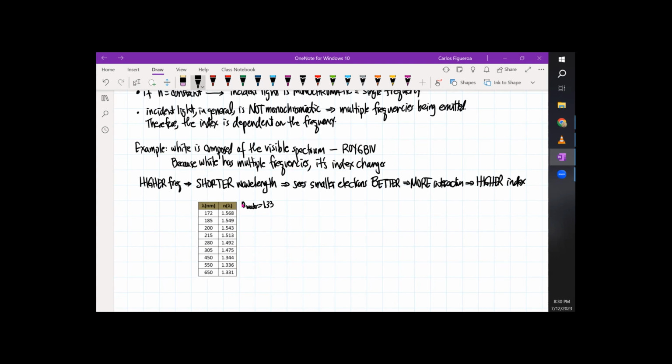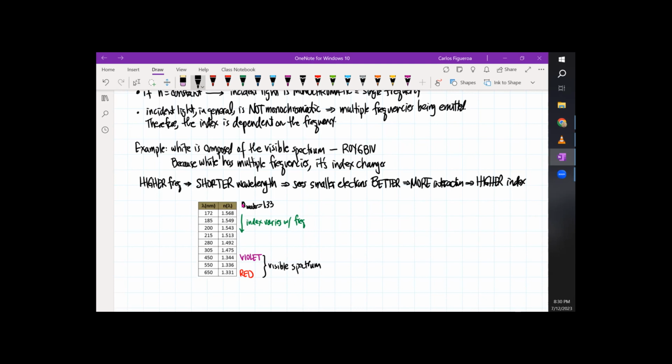So as we're going down this direction, you're seeing that the index varies with frequency. The important numbers that we should look at, around 650, it's about red, and at 450, this is violet. So right here, this is the visible spectrum.